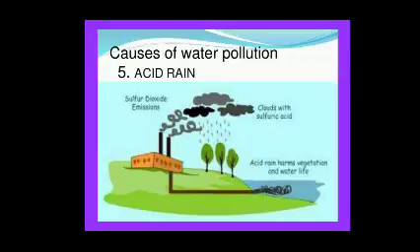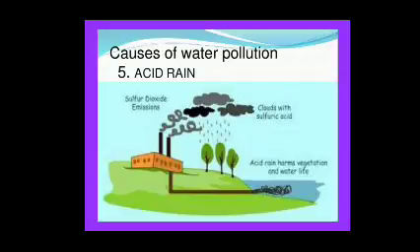Normal rainwater pH is about 7, but rainwater with a pH value less than that is called acid rain. The presence of a small amount of acids in rainwater is called acid rain.